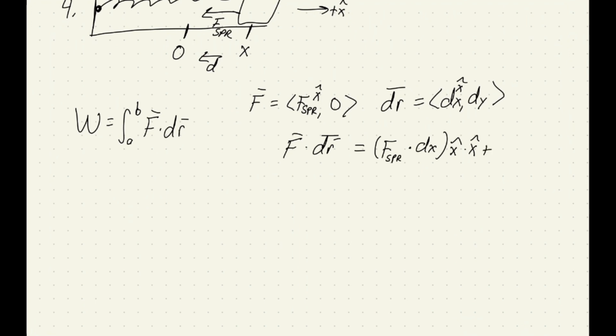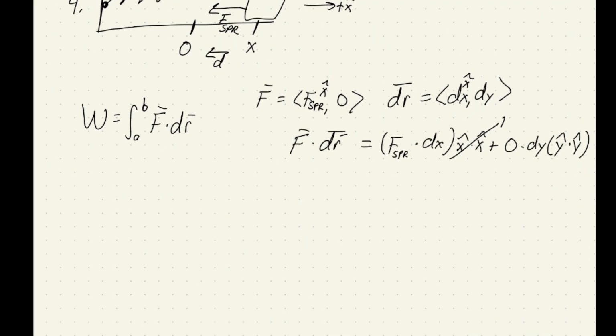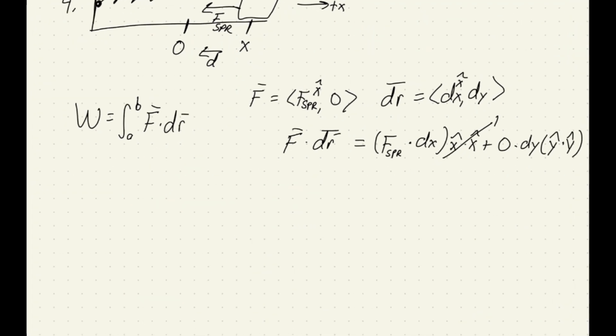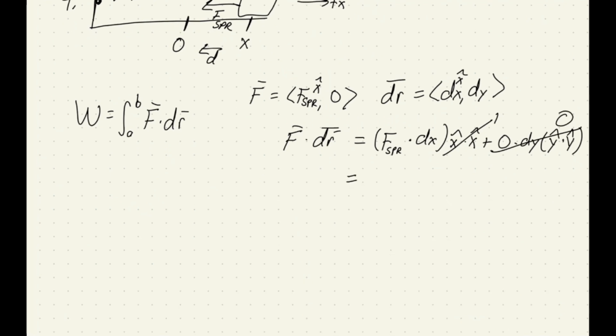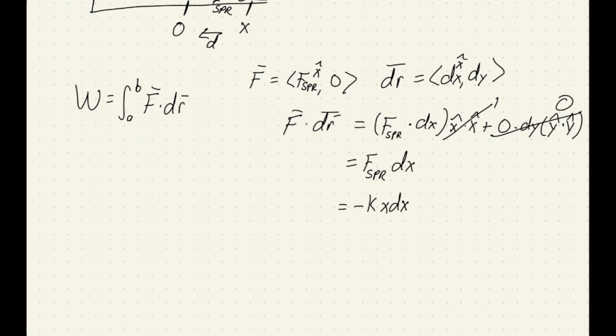And then plus 0 times dy times y hat dotted into y hat. So those x dot x and y dot y things are both 1, but on the y component, it's 0 times all of that, so that whole thing just goes to 0. And what I'm left with then is just the spring force times dx. My spring force, I know that that is minus k times x, and then that dx stays right there.